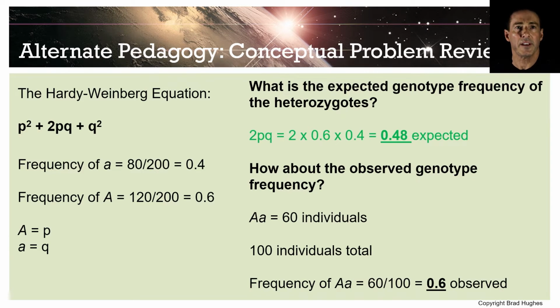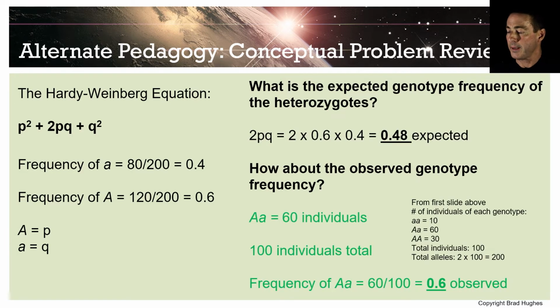Next, calculate the expected frequency of heterozygote big A small a. 2PQ equals 2 times 0.6 times 0.4 equals 0.48. The observed frequency of the heterozygotes big A small a is the number of heterozygote big A small a individuals, 60, divided by the total number of individuals, 100, which equals 0.6 heterozygotes, more than expected, which would have been 0.48.